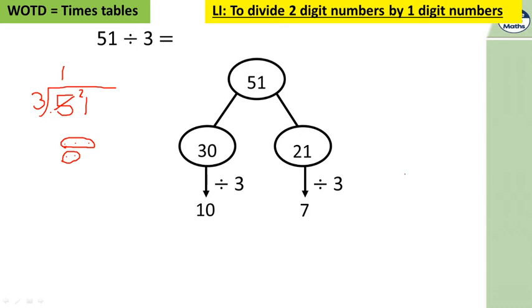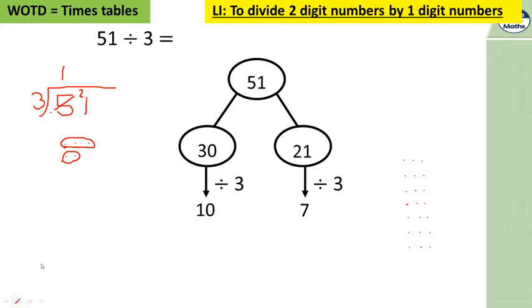So how many 3s in 21? I've shown you the answer 7, but let's just show that again. So we've got 21 things in groups of 3. So 1, 2, 3, 4, 5, 6, 7, 8, 9, 10, 11, 12, 13, 14, 15, 16, 17, 18, 19, 20, 21.